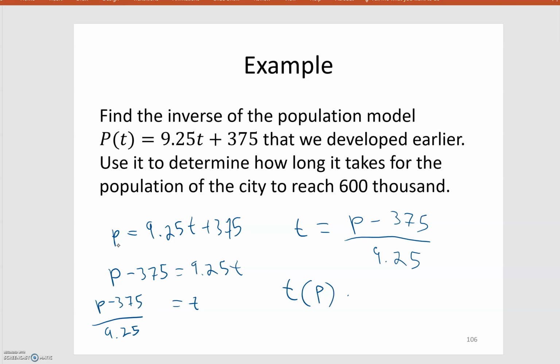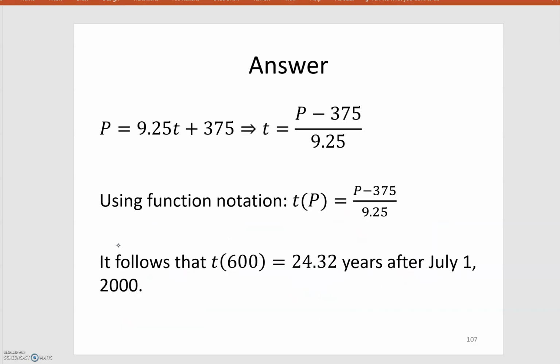So in this question it says, use it to determine how long it takes for the population of the city to reach 600,000. Well, we can now plug in 600 here in our model and calculate the output. So if we're going to do this in the calculator, I would have to re-enter this as a new function, and P would now be the x variable, okay?